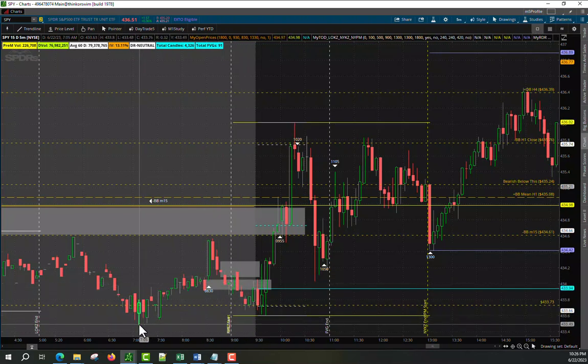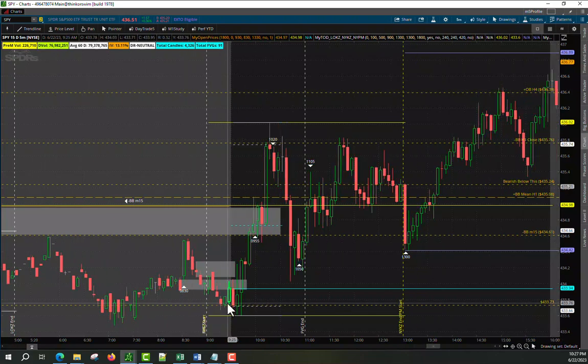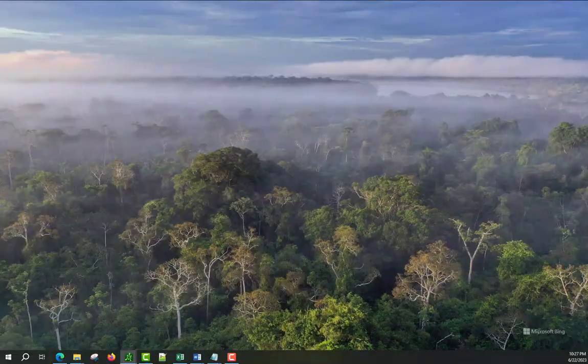However, you see right here it failed to make a lower low. It already took out the low of the previous day. So we should engage in a long setup right there, because it took the buy-side and sell-side liquidity of the previous day, right? So we need to engage long right there.